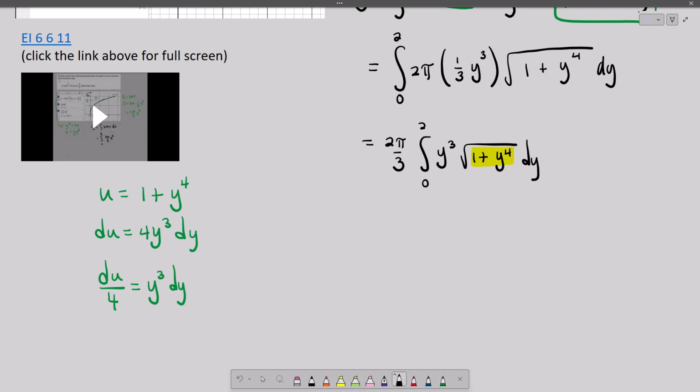So now we can do our substitution. We'll have 2 pi divided by 3 integral. The square root part becomes square root of u. And then the y cubed dy becomes du divided by 4. And 4 is a constant in the denominator. It's simplest just to pull it out. We can put it all the way out in front.